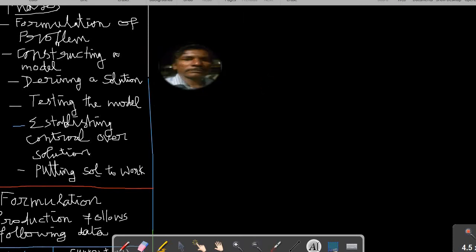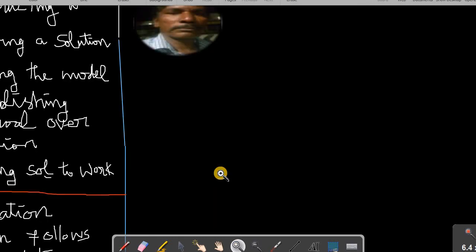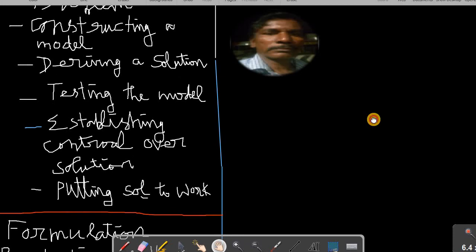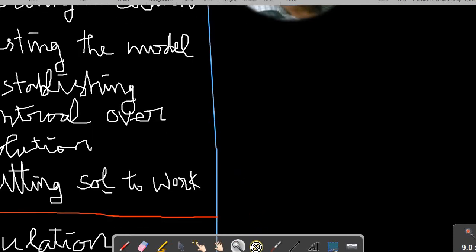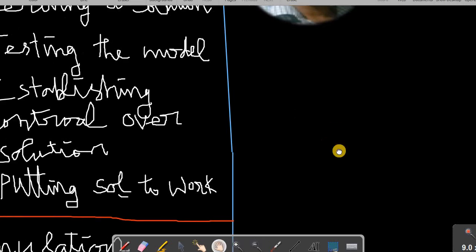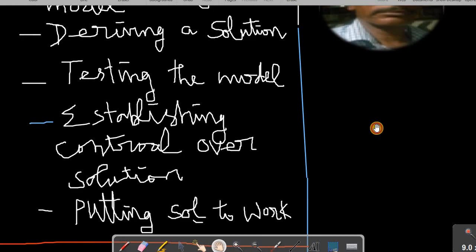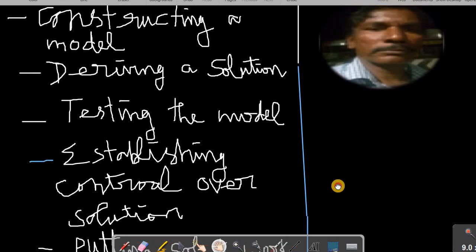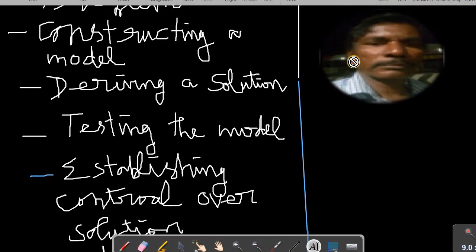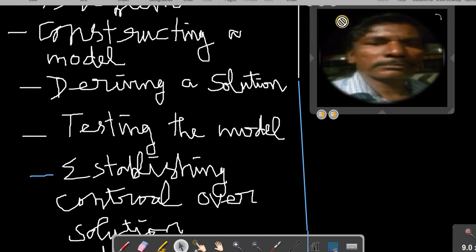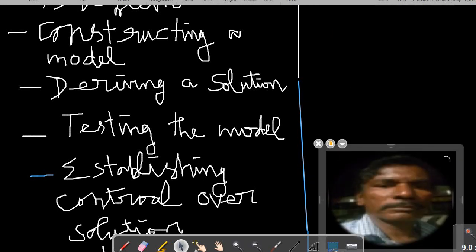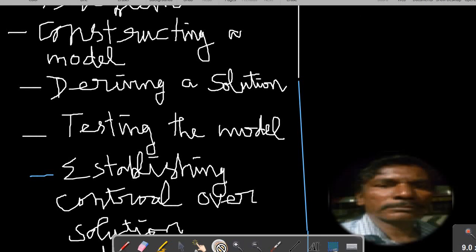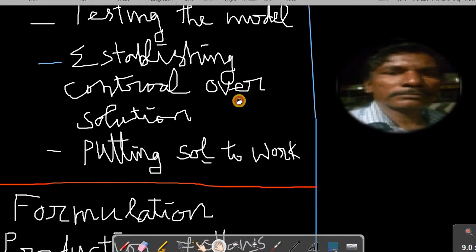Testing the model is also very important. Testing the model gives some idea about whether positive or negative results come. So the variables involved play a very important role in how we are going to solve the problem. The next one is putting the solution into work.